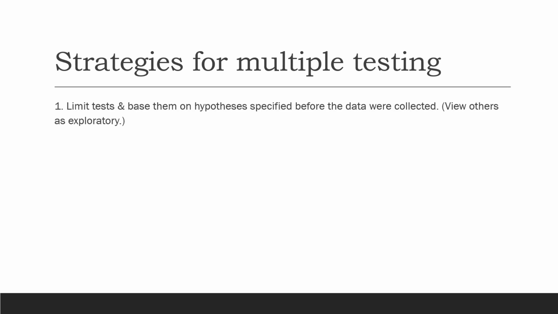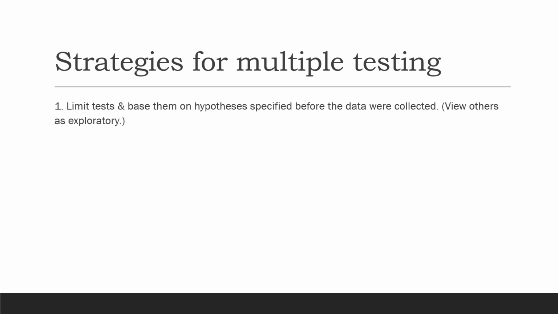So we know that multiple testing can be a problem, and so we should think about some strategies that we might use to try to avoid the pitfalls of multiple testing. One of them is to limit the number of tests you're doing and to specify the hypotheses that you plan to test before collecting the data, and then view any additional hypothesis tests you do as being strictly exploratory data analysis.